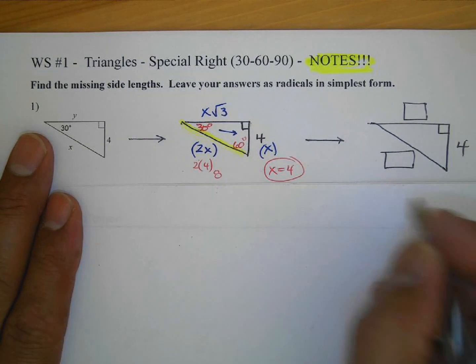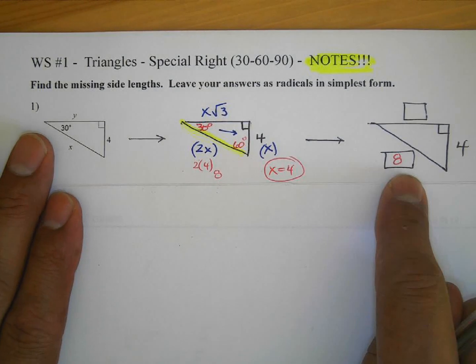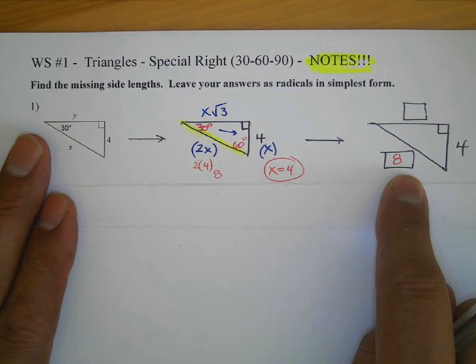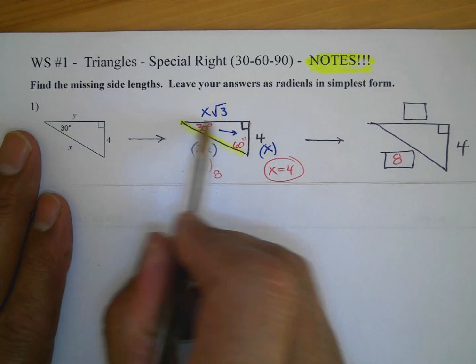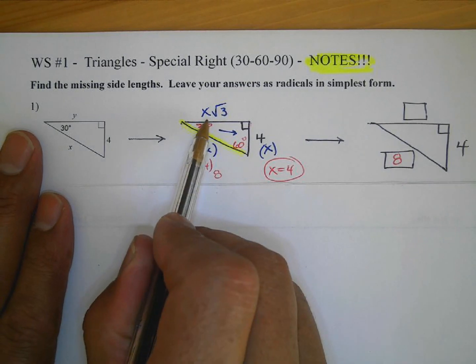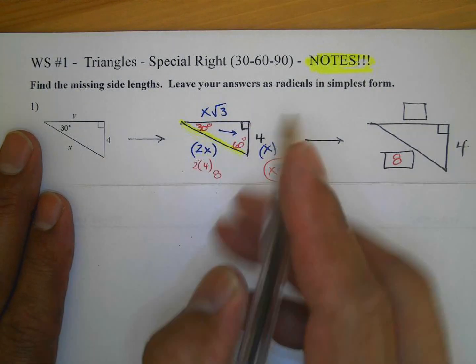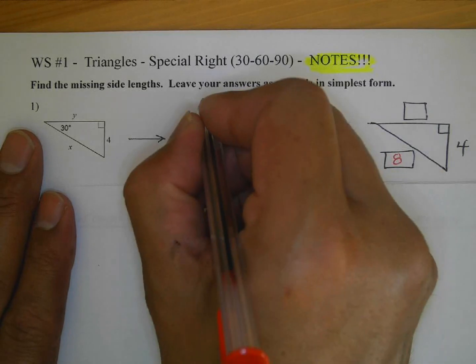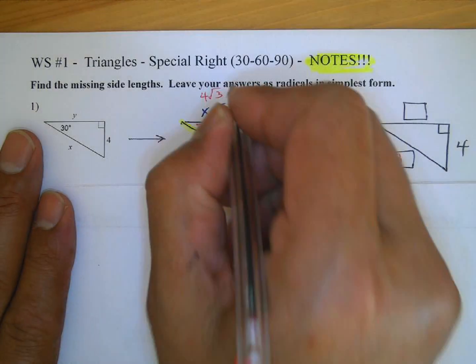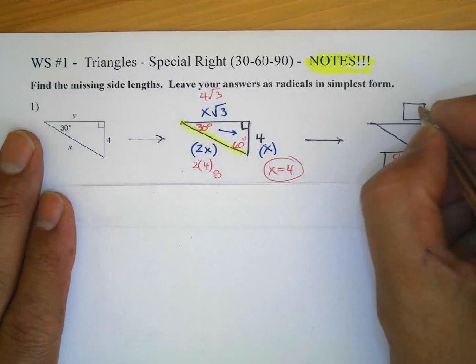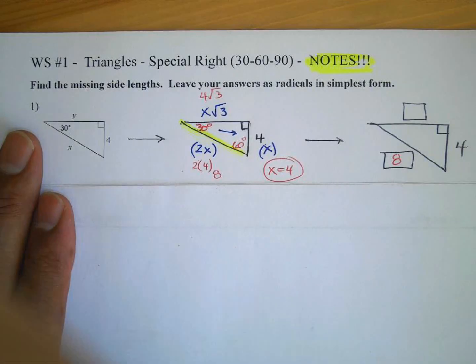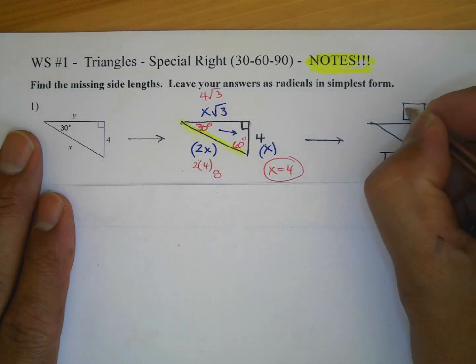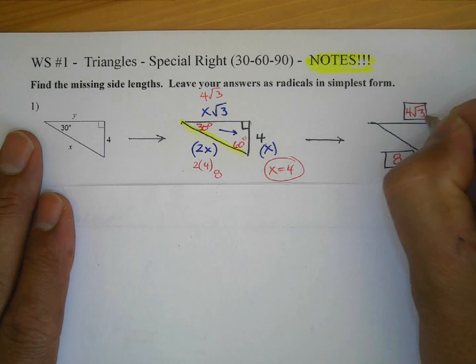So what's the measure of this side? 8. We'll put it over here. And this side here is x root 3, or the value of x times root 3. Well, x is 4, so that's 4 root 3.